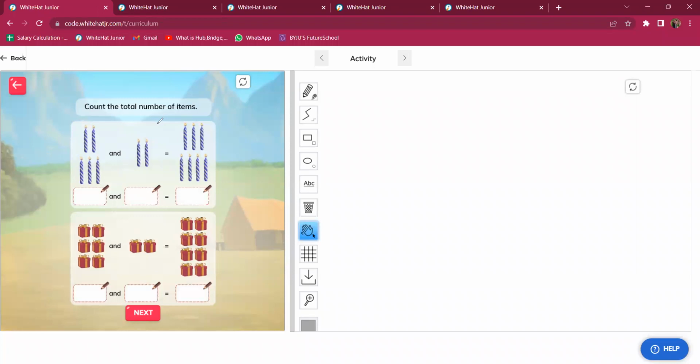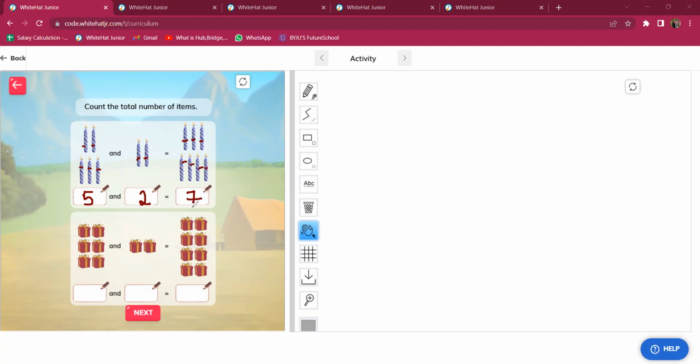Count the total number of items. If you see over here, 1, 2, 3, 4, 5. So here you have 5 candles. Here you have 1, 2 candles. So 5 and 2 together will be equal to 1, 2, 3, 4, 5, 6, and 7.